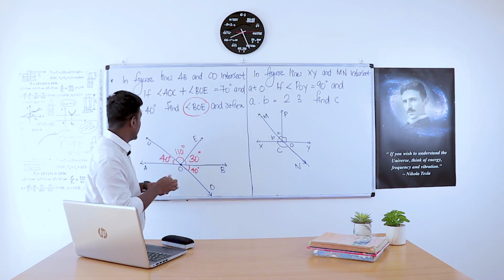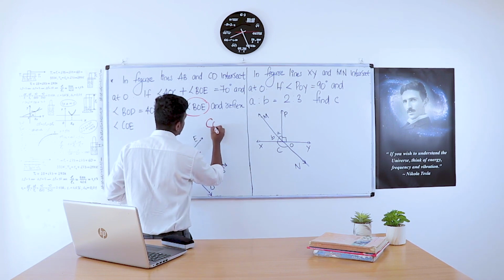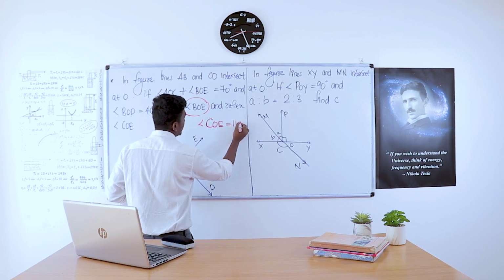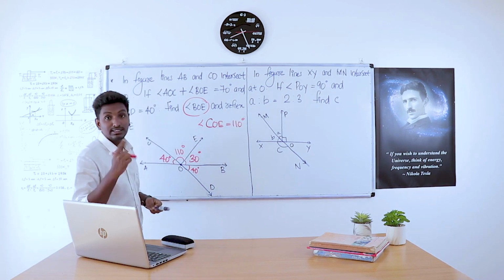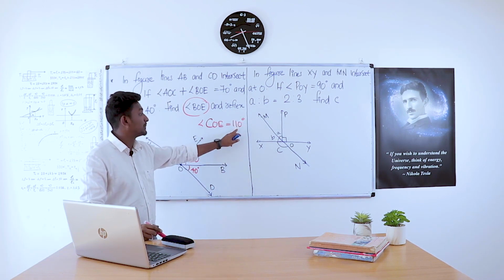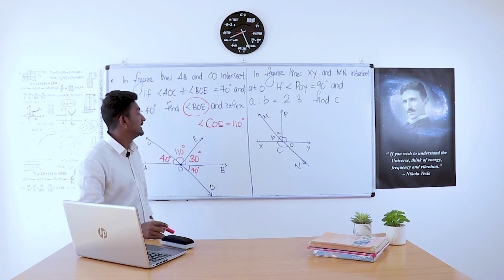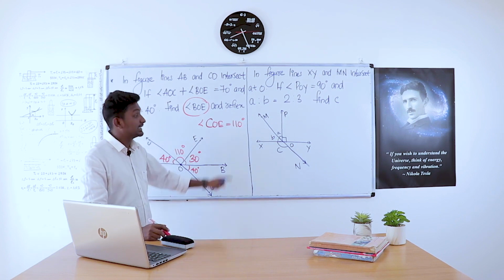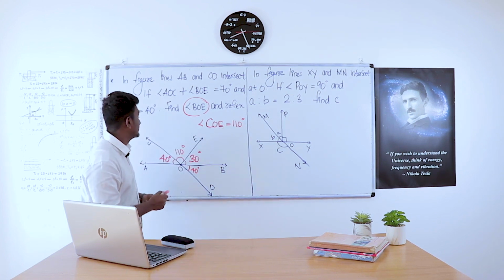Here angle COE is equal to 110 degrees. To find the reflex of an angle, just subtract that angle from 360 degrees.